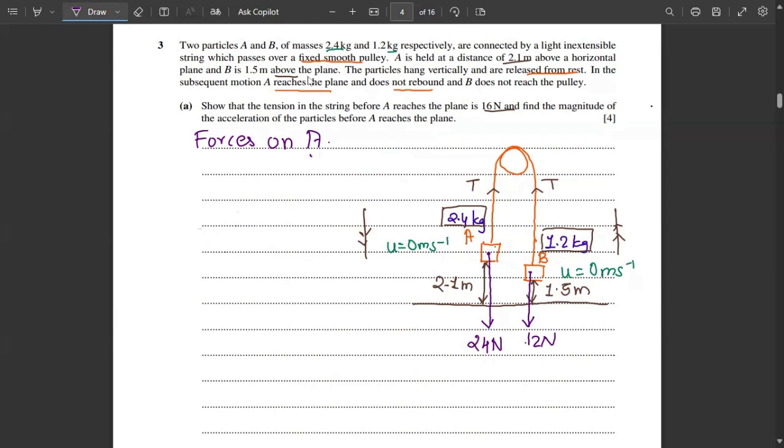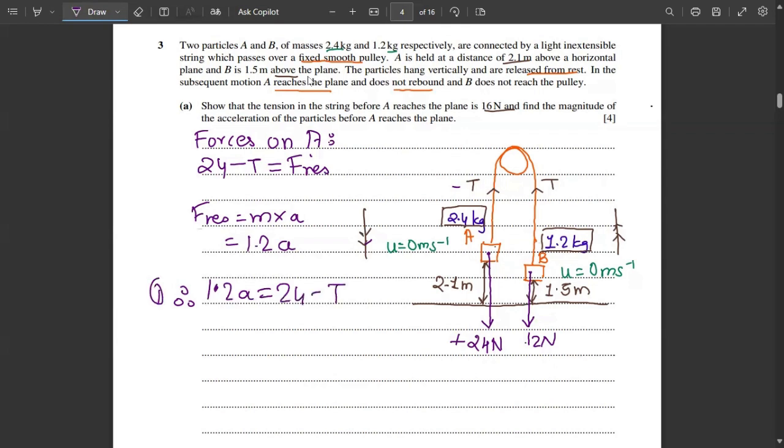So now forces on A will be, because this is moving downwards, this will be considered positive, this T will be considered negative. So 24 minus T is the resultant force. And we also know the resultant force is mass into acceleration. Mass is 1.2, acceleration we don't know. So therefore, 1.2A is equal to 24 minus T. This is our first equation.